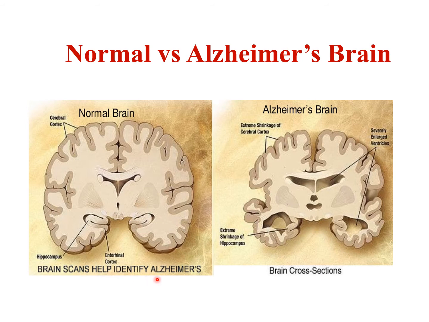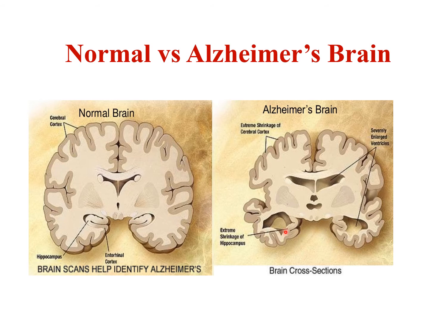We can identify the Alzheimer's brain through the brain scanning, and this one is the Alzheimer's brain. We can see that this is actually shrunken, and very different from the normal brain.